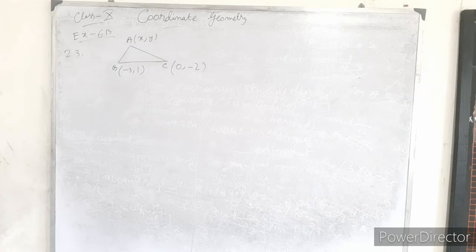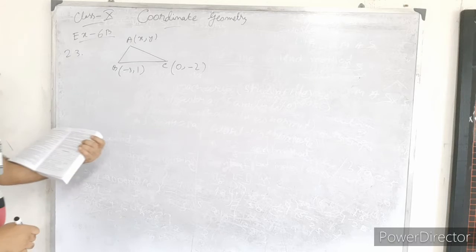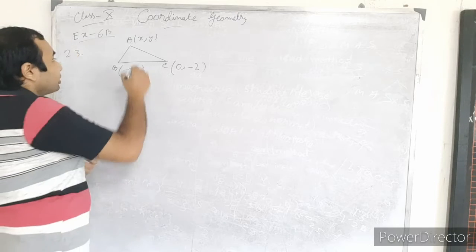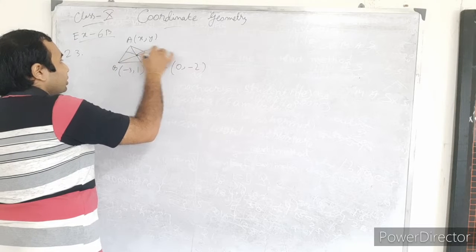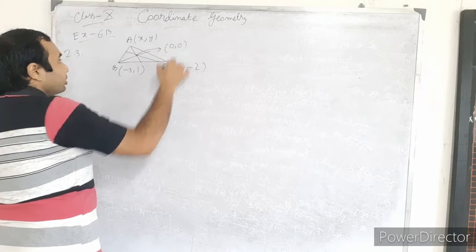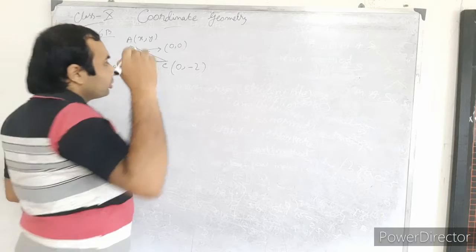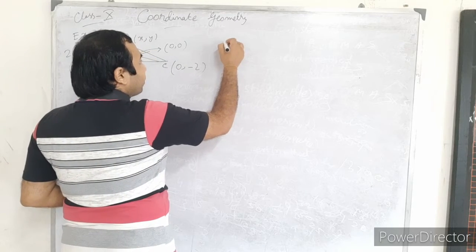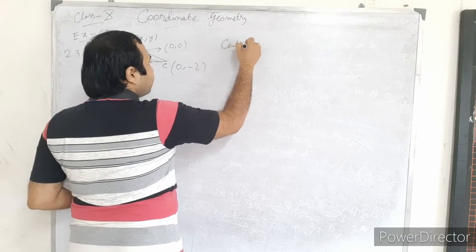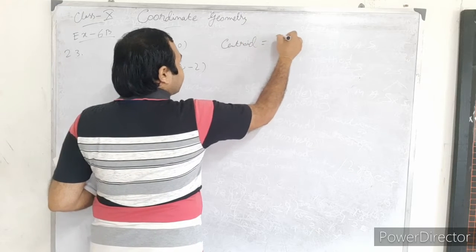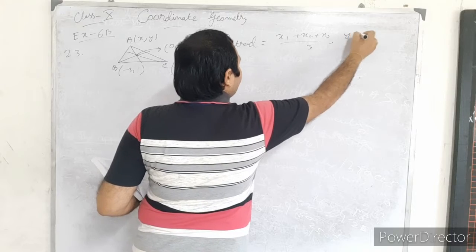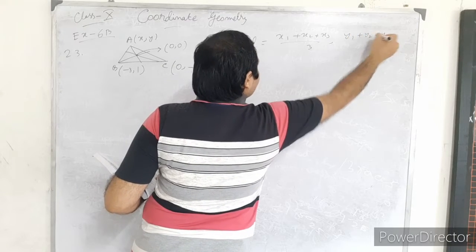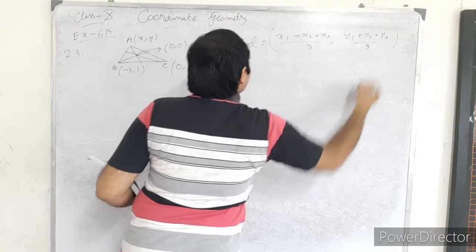If this is the triangle, then the centroid is at the origin, the point (0, 0). So just use the formula for finding the centroid. Centroid means (x1 plus x2 plus x3) by 3, (y1 plus y2 plus y3) by 3.